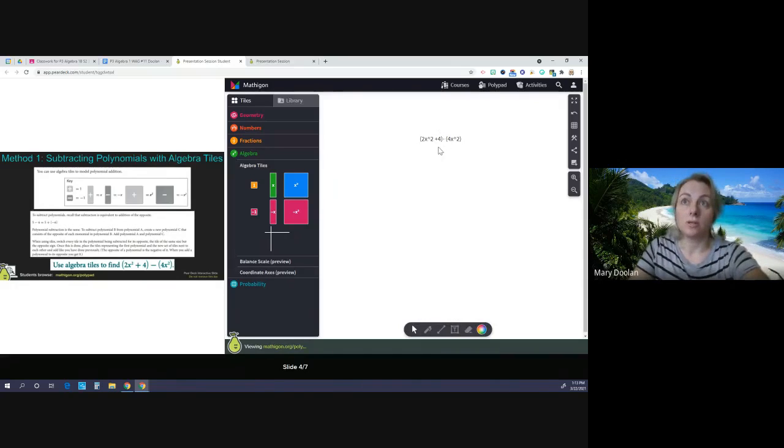Let's go ahead and do what it says here. We're going to rewrite the second polynomial by changing it to adding the opposite. The second polynomial is a monomial. It only has one term, so I only have to change the sign of one term.